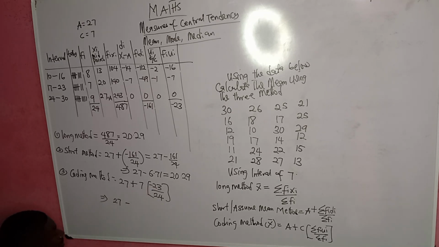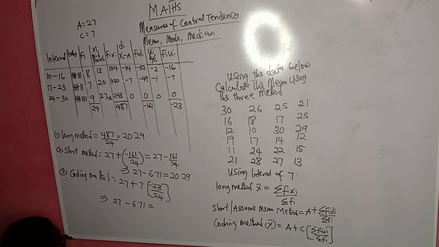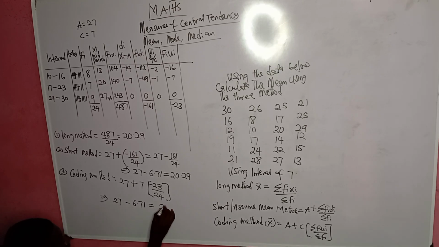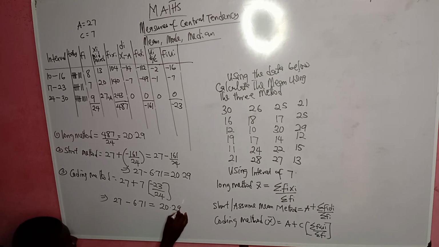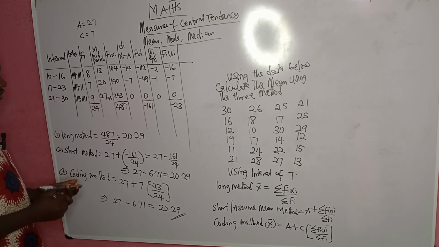So 7 times 23, which will give us 161, divided by 24, which gives us 6.708, approximately 7.71, okay? Which will give us that same 20.29. So we have achieved our goal.